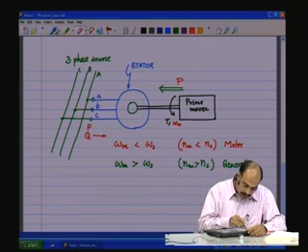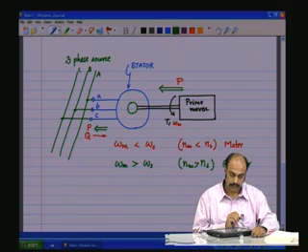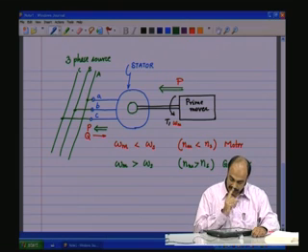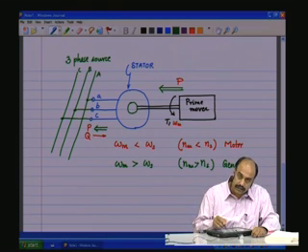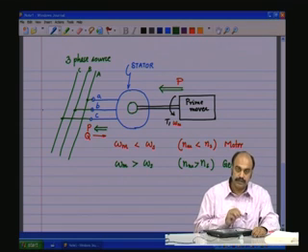So we reverse this. We see that the active power is going from the mechanical side through the induction motor into the source.